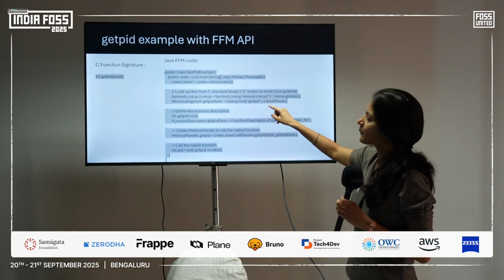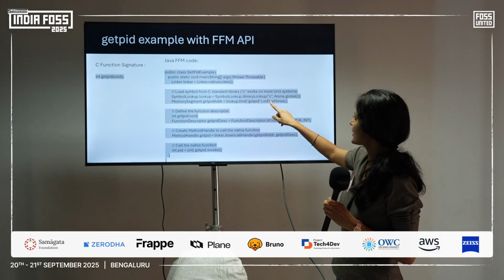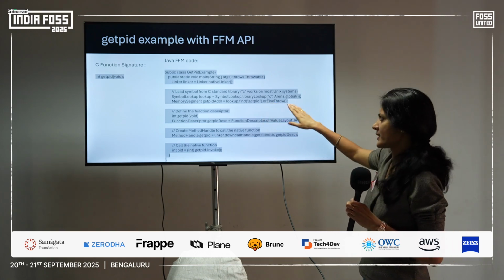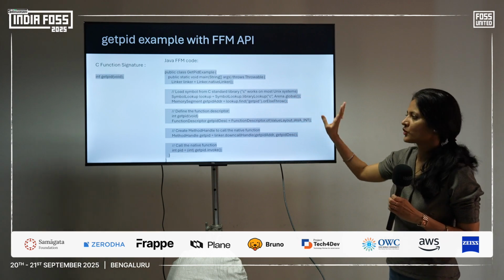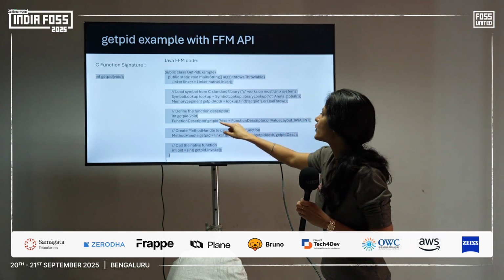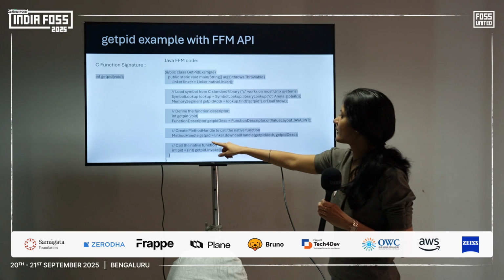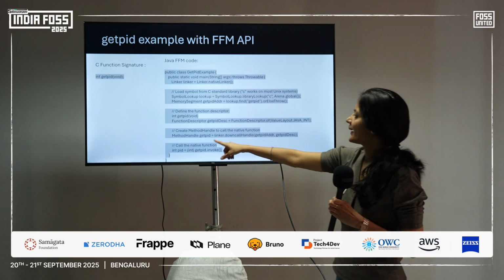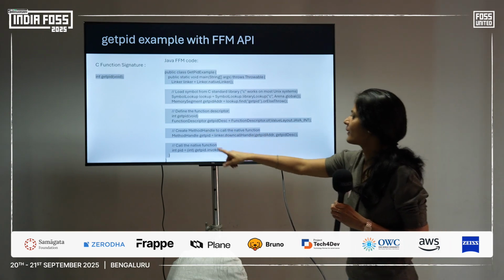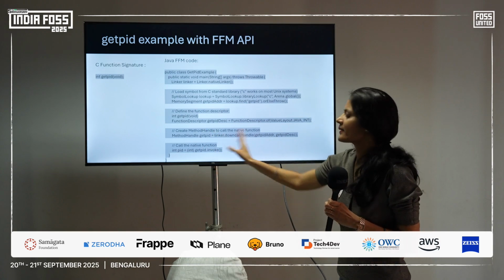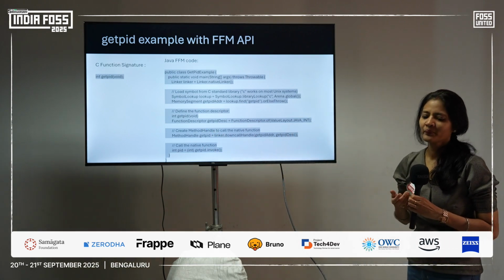You get the lookup at the .so file, you find the function name, and if you don't find it, then throw an error, and you just define the descriptor, and with the method handle you do a downcall, get the pointer and bind the pointer to Java and just call it. That's all.